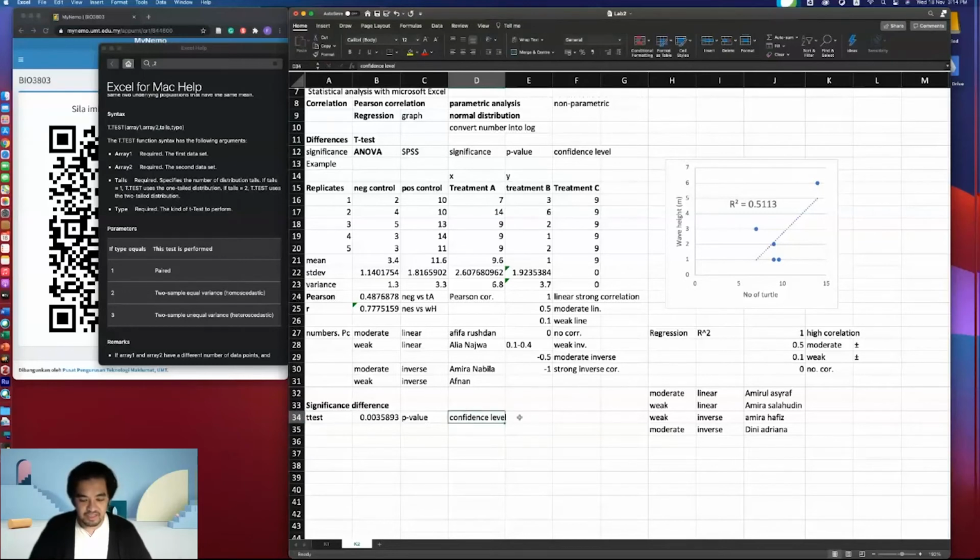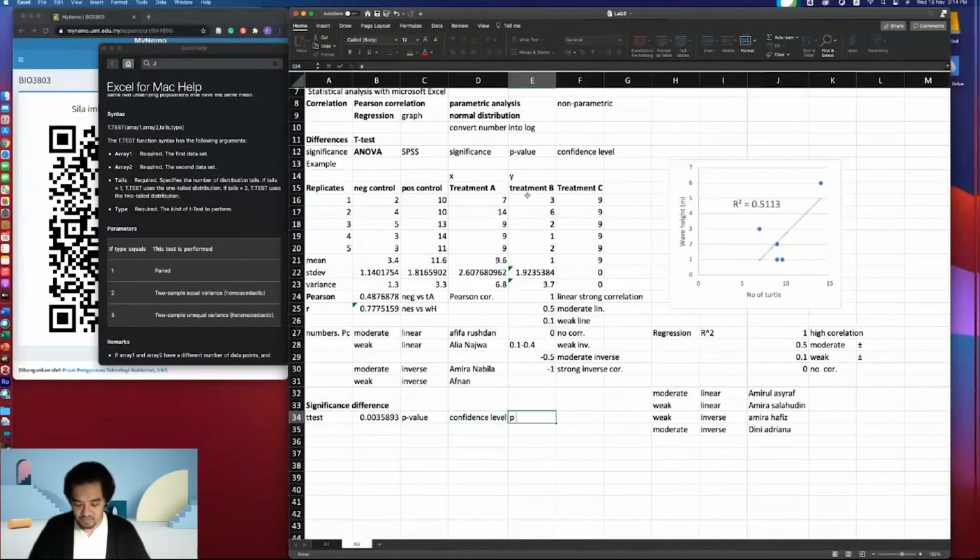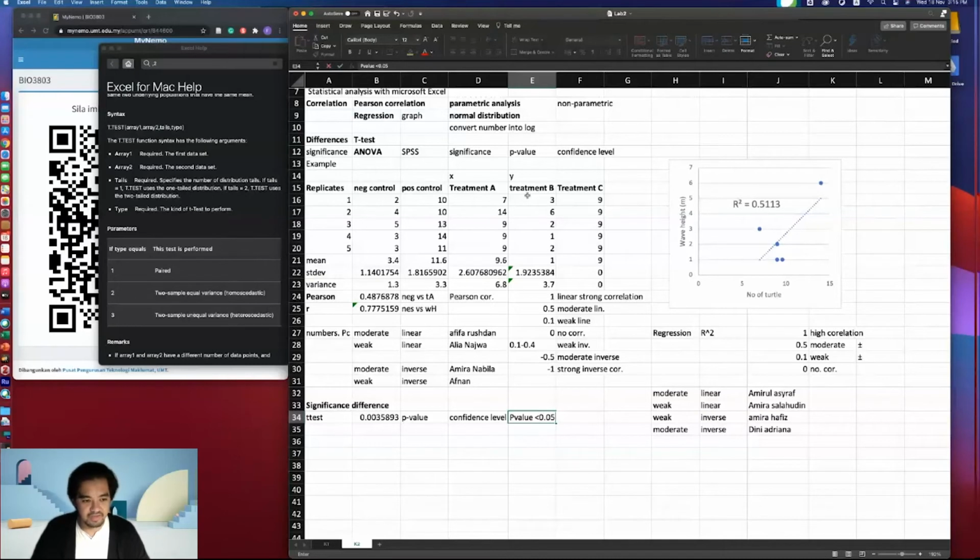You choose the p-value as your confidence level. Most of the time, the researcher would choose a p-value less than 0.05. If you read research articles, you will notice most of the time they choose less than 0.05, which indicates a 5% possibility of making a mistake.